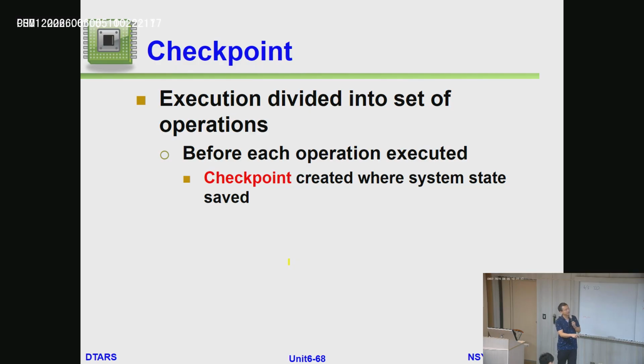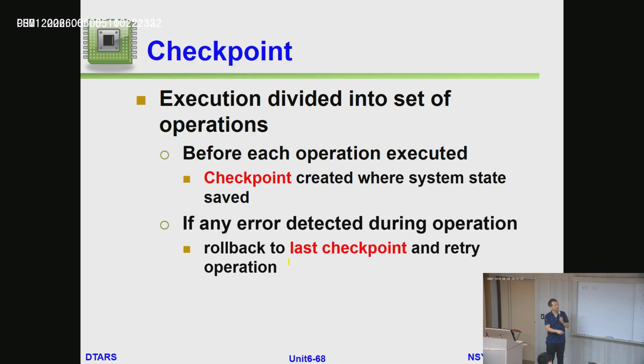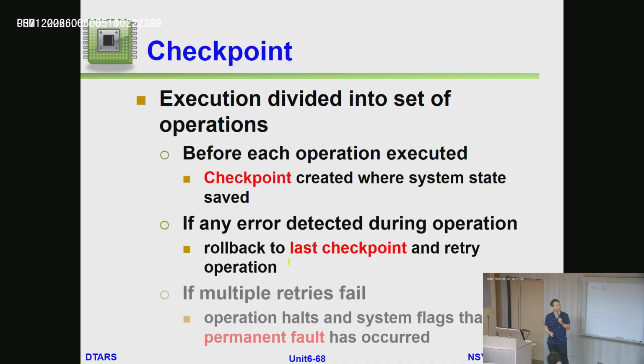Try to establish some checkpoints so that you can make sure, even though there are some errors, you don't need to do it totally again. Okay, so this is the checkpoint. If there are any errors, then it is quite easy to understand. We go back to the last checkpoint and retry the operation.